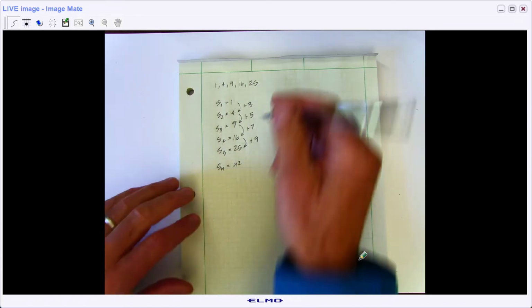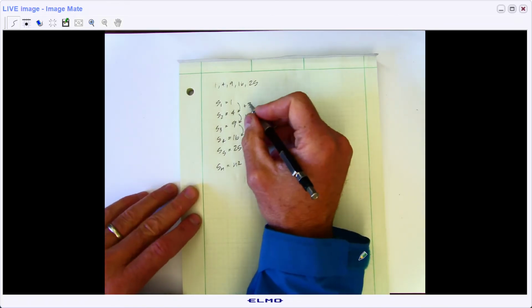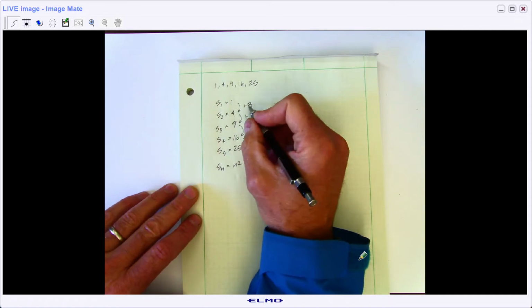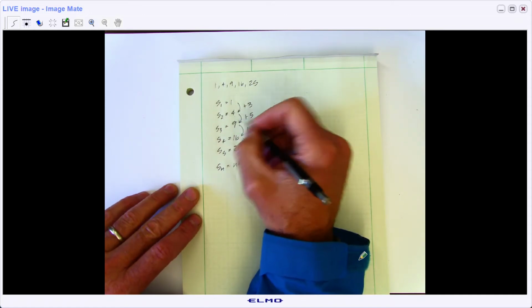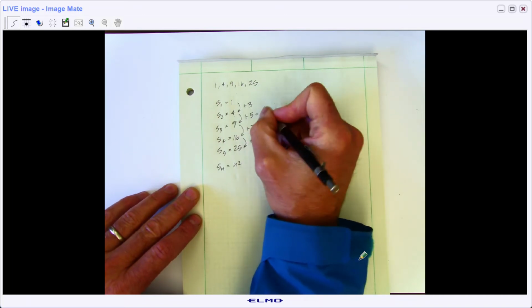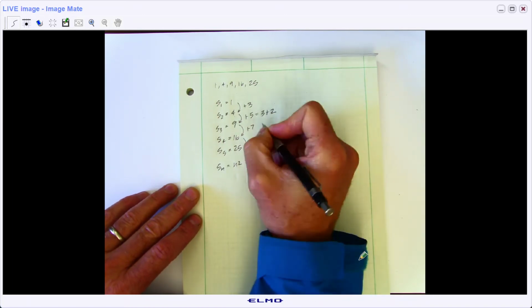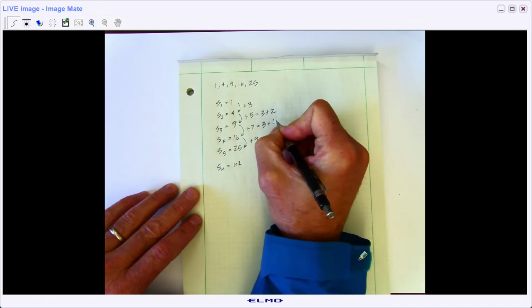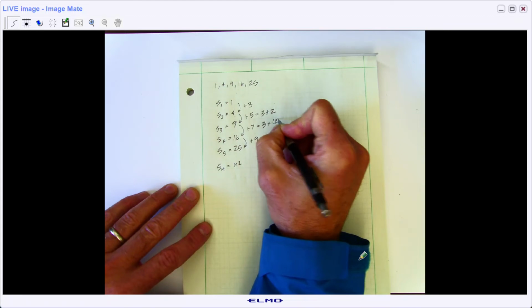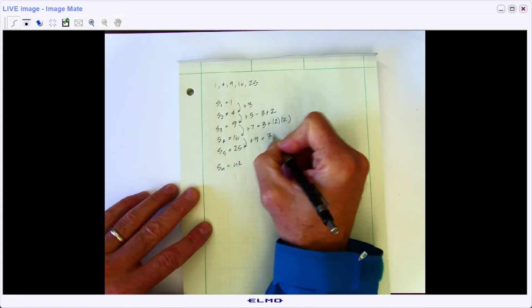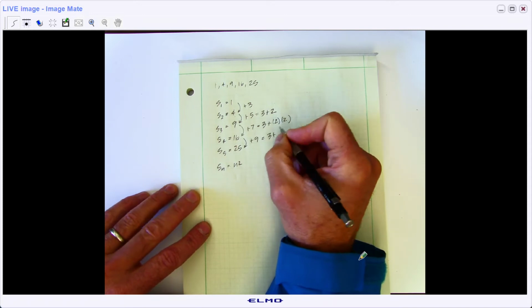So one way we could think of it is, to get from term 1 to term 2, I add 3. And then to get from term 2 to term 3, I add 3 plus 2 more, right? And here I add 3 plus 2 2's. And here I add 3 plus 3 2's, right?